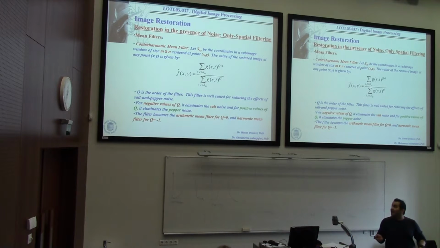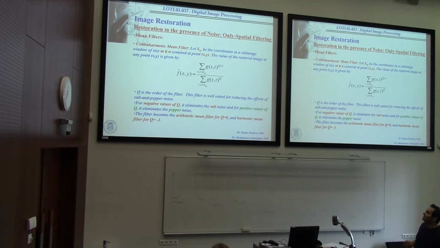The last type of the mean filter is the counterharmonic mean filter. We can use this equation to restore the image, and it has more effect on the image that has salt and pepper noise.